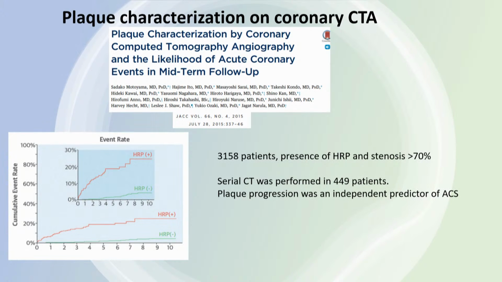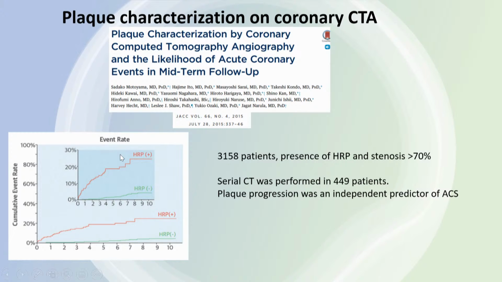So the same group published this paper in JACC in 2015, where they looked at the presence of high-risk plaque features and stenosis greater than 70% in about 3,000 patients. The interesting thing is that serial CT was performed in 449 of these 3,000 patients, and they looked at plaque progression in these 449 patients, which was found to be an independent predictor of acute coronary syndromes.